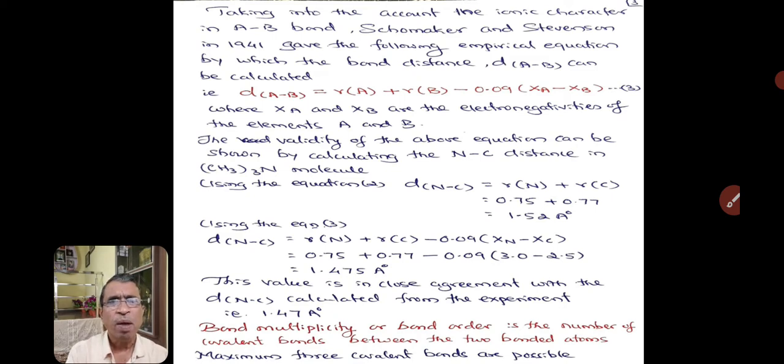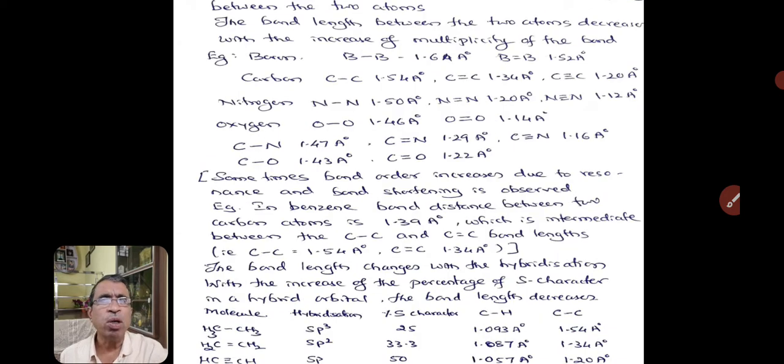And we know a maximum of 3 covalent bonds are possible between two atoms. If only one bond is present between the two atoms, the bond order is 1; if 2 bonds are there, bond order 2; if 3 bonds are there, bond order 3.